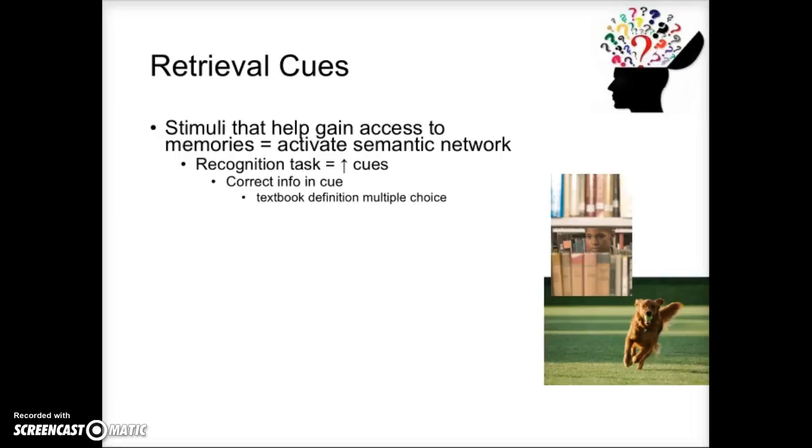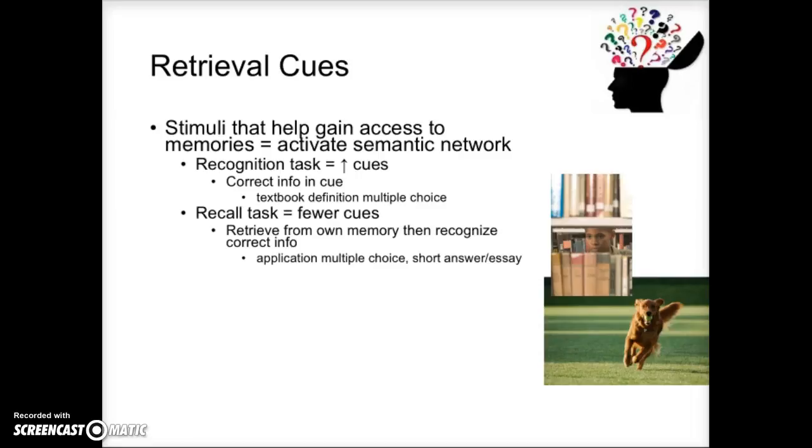In fact, it has the correct information in the cue itself. For example, if you were given a textbook definition for a term and asked to choose from 4 options, multiple choice, A, B, C, D, which term matched that textbook definition, that would be a recognition task.